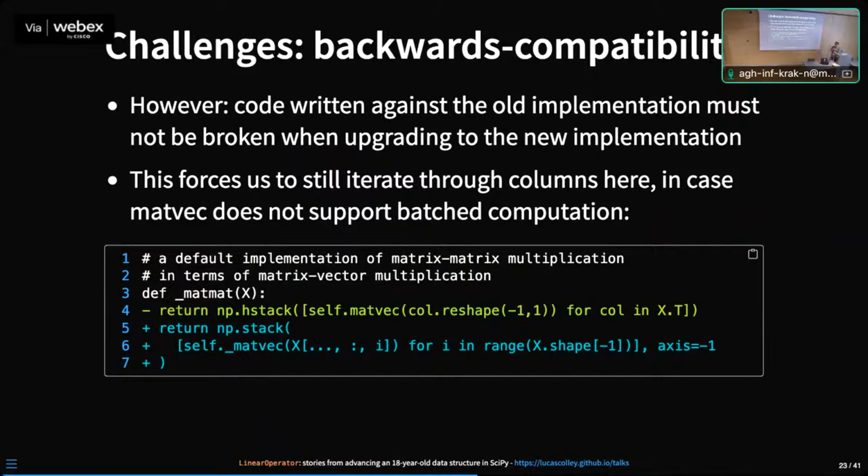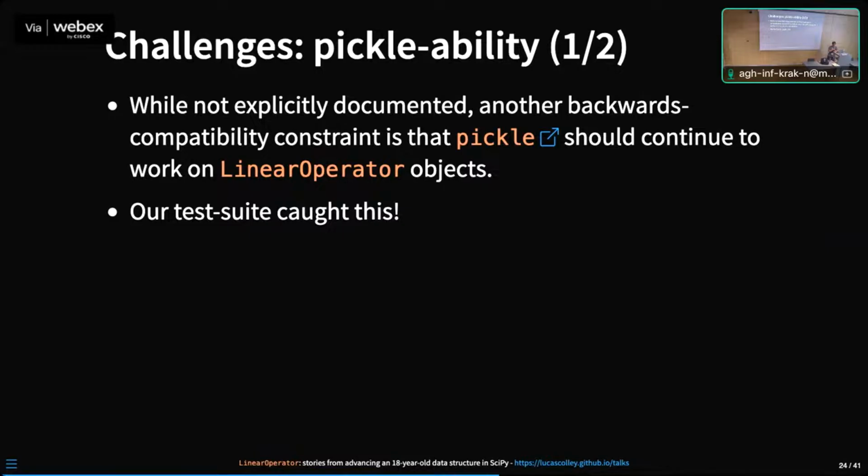Actually, if we could break that assumption, then you could implement this matrix multiplication a lot more simply, by just doing 1 batched matrix vector multiplication. But yeah, we can't do that, and I learned the hard way through the test suite that you can't do that.